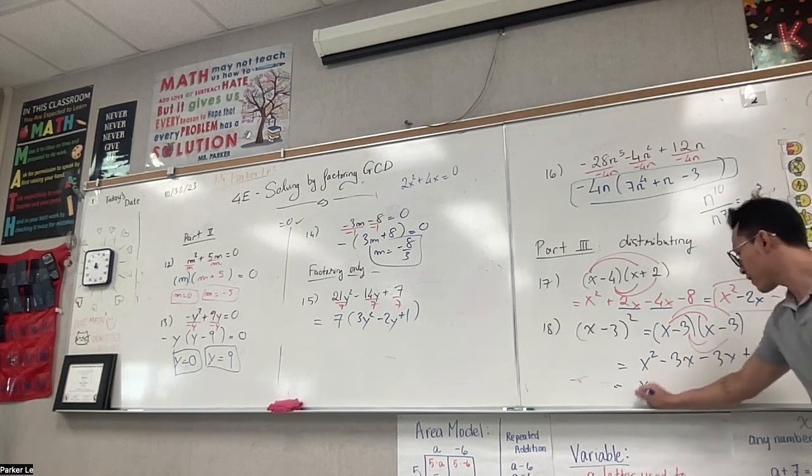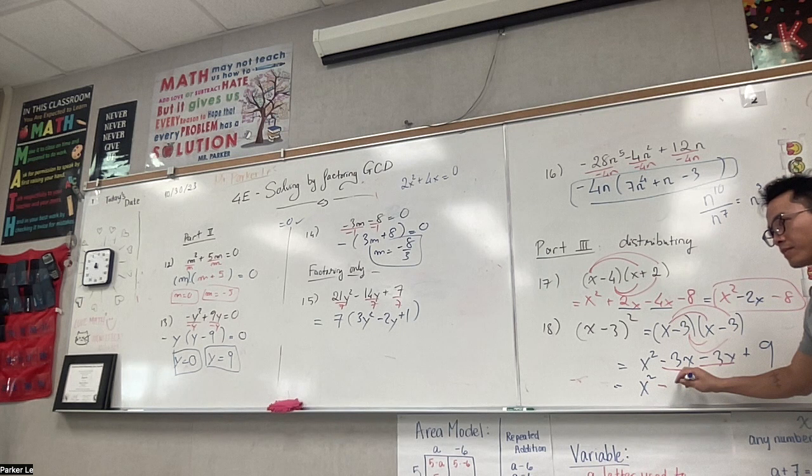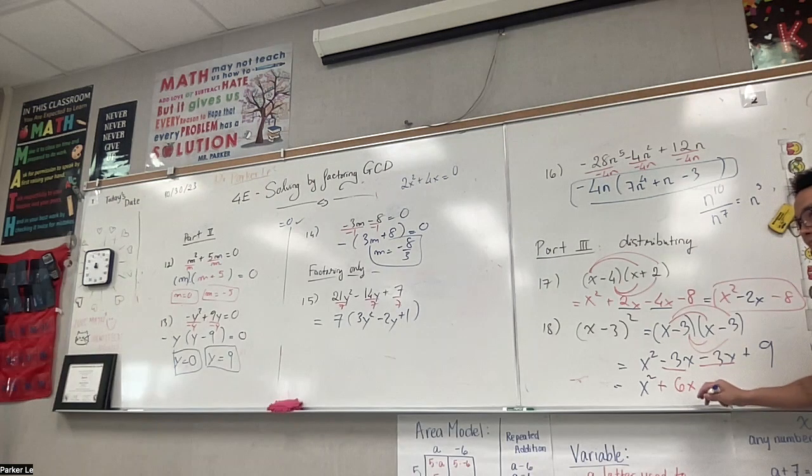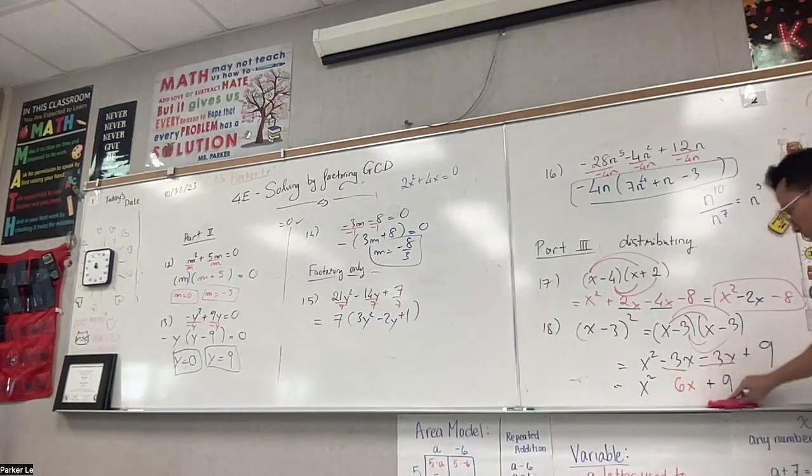Combine those two. Does it become plus? Are you sure? 100%? Remember, negative and negative become positive only when you multiply or divide. Okay, what is negative 3x minus 3x? Minus 6x. That's it.